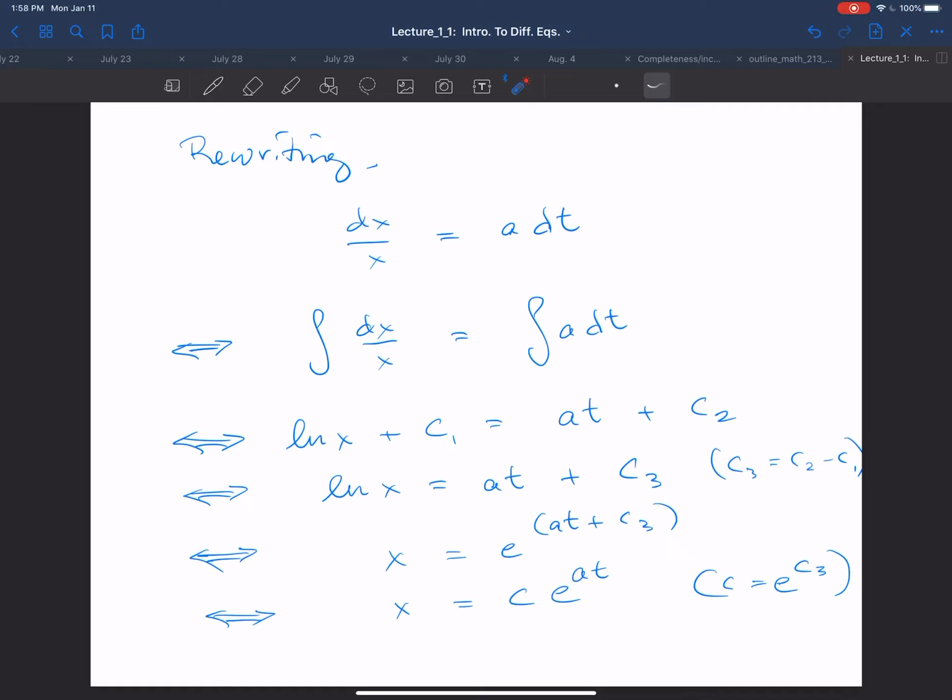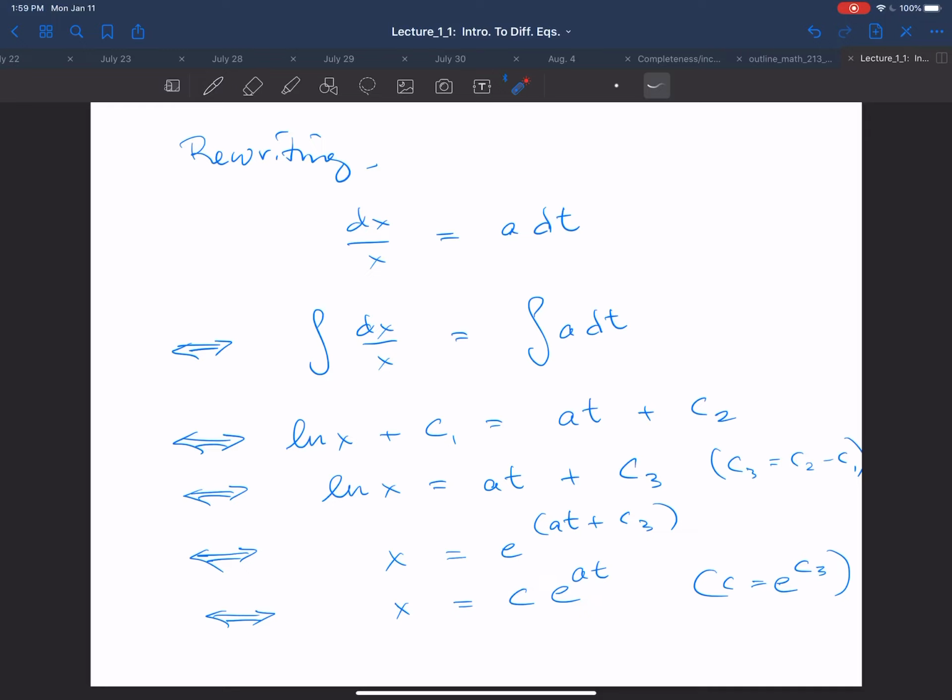But this c is really just an arbitrary constant. So there are infinitely many solutions of this differential equation. In mathematics, often we like to know when there exist unique solutions of equations. So it's clear that we need to add further conditions in order to get a unique solution.